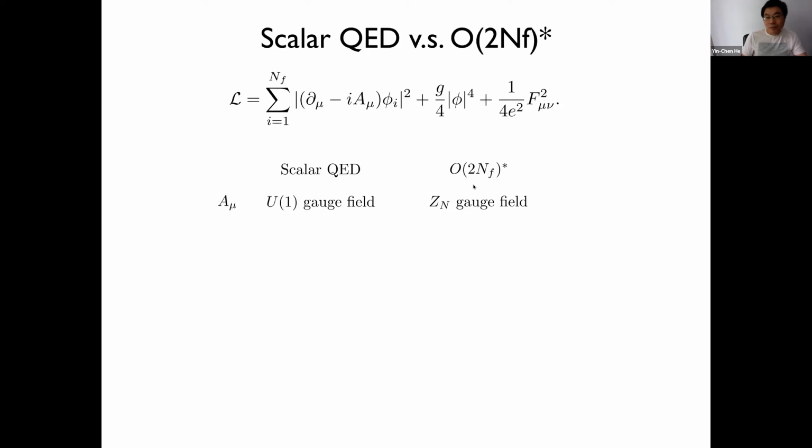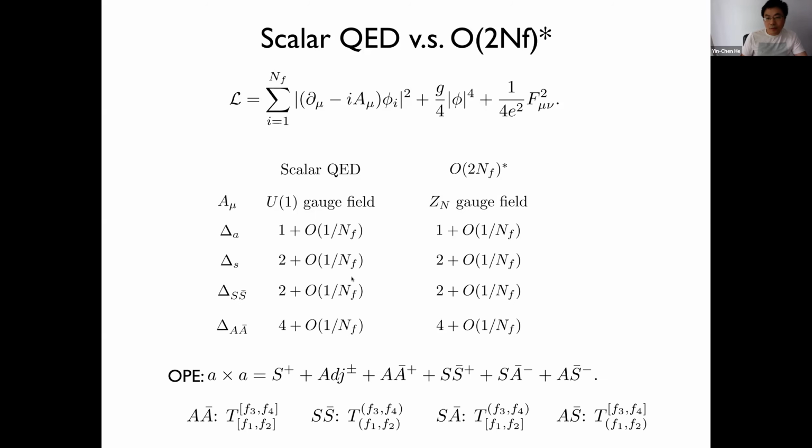That's nothing but Wilson-Fisher, and the difference is that you just need to consider operators that are invariant under this Z_N gauge field. But if you look at the operator spectrums, you will see they're rather similar. The lowest operators in each channel are more or less the same up to some 1/N_F corrections. That's also the case if you include the Chern-Simons theory here in 3D.